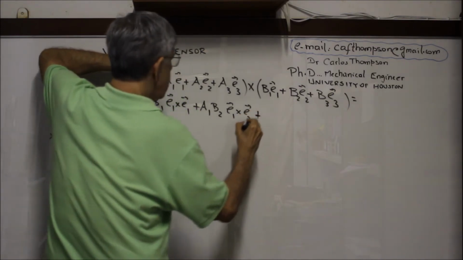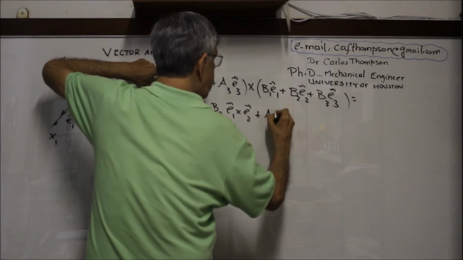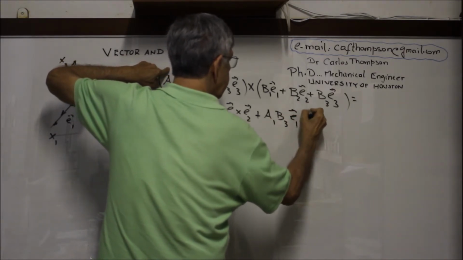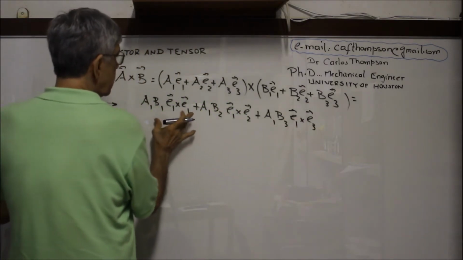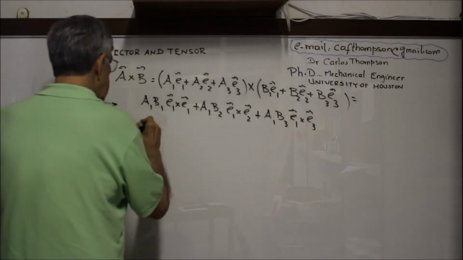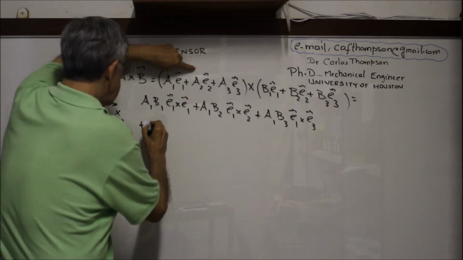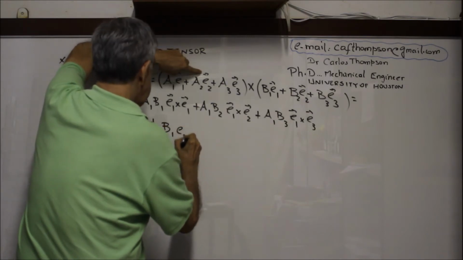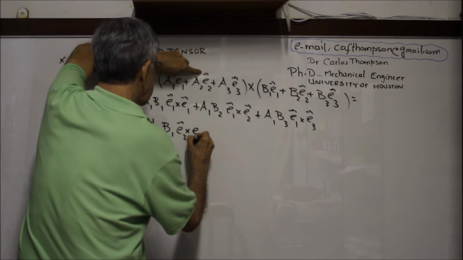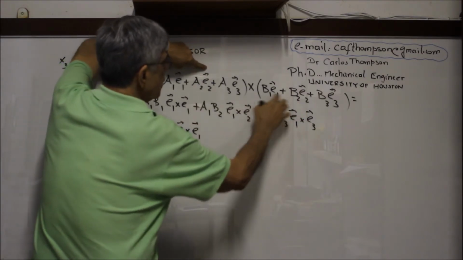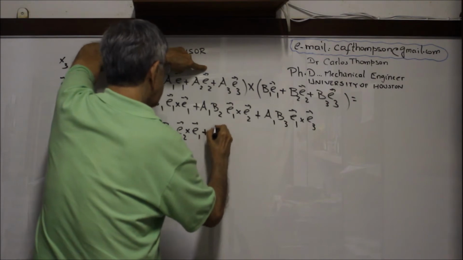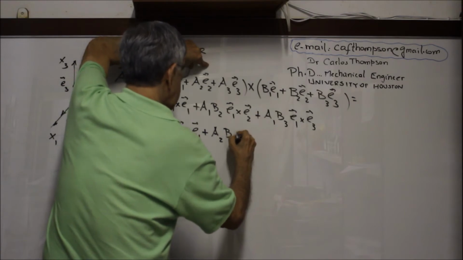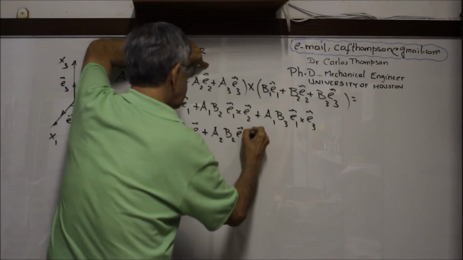Plus A1 B3, E1 cross E3. Now, this is 3 terms. Plus, now, A2 B1, E2 cross E1. See? E2 cross E1. Plus A2 B2, E2 cross E2.